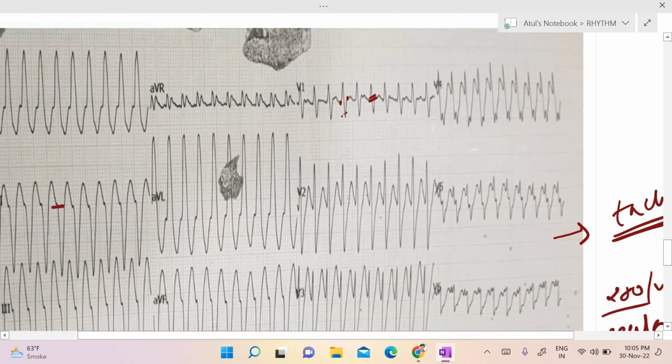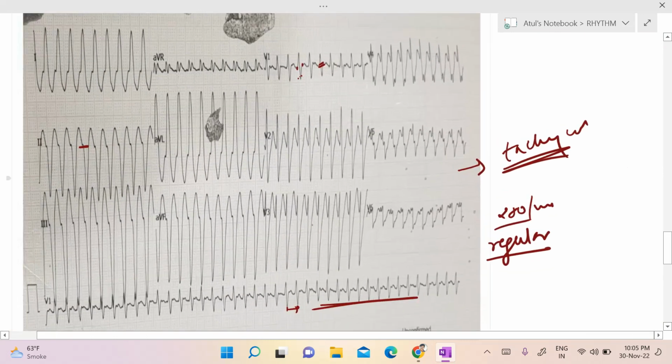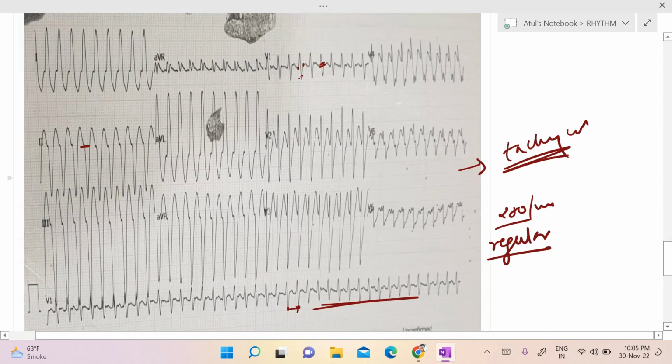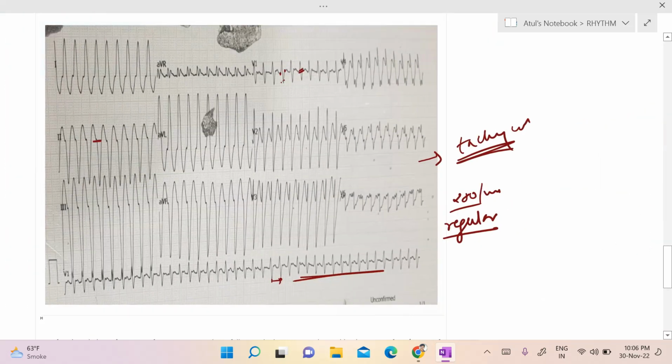Now, is this SVT or ventricular tachycardia? One rule is this: always consider VT. If you can't prove it is SVT, it is always VT. Treat it as VT. This is for practical purposes, but for MCQ examinations you have to clearly see whether it is SVT or VT, because they will provide an ECG in which you can really differentiate.